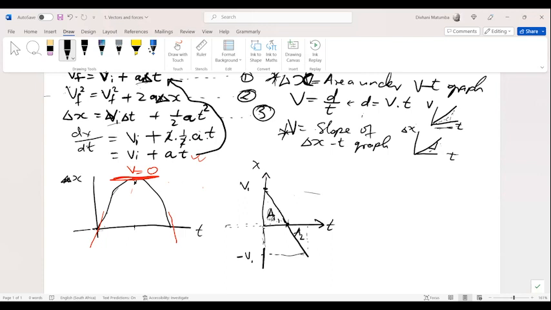And then what is the final displacement when the ball comes back to the ground? The final displacement is actually zero, because you need to add that area plus that one. That is a negative of that one. So the total area will be area 1 plus area 2.